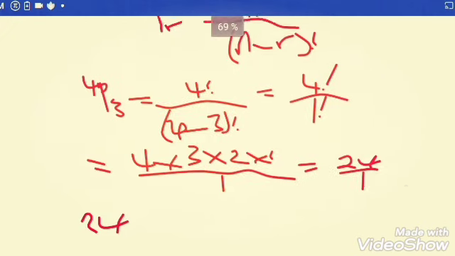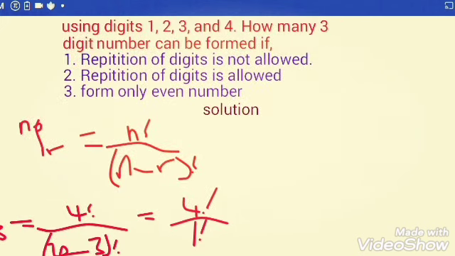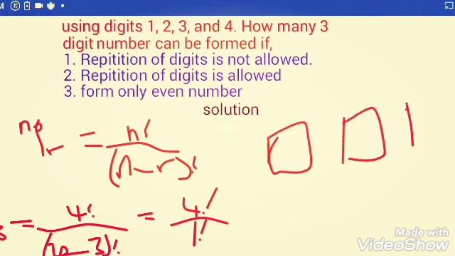Alright, the next one is repetition of digits is not allowed. Before I go into that, let me show you another method of solving this. For the first one, we're looking for a 3-digit number, so these 3 boxes will represent the 3 digits. Since repetition is not allowed, any number can take part in the first box, so we have 4 to choose from.